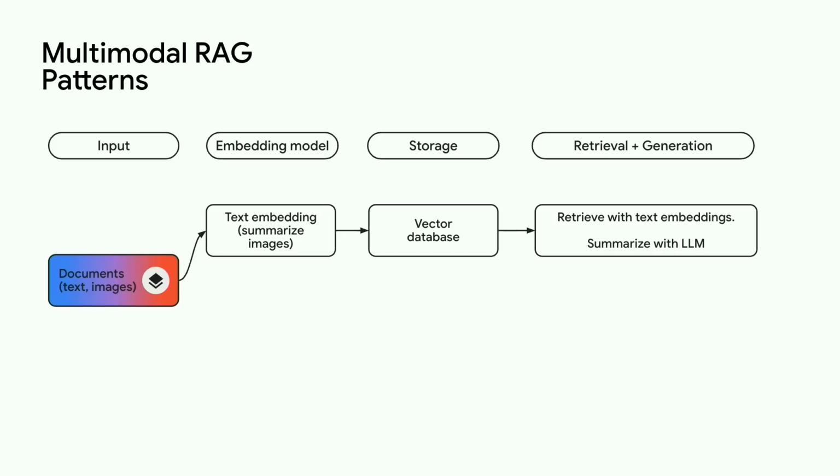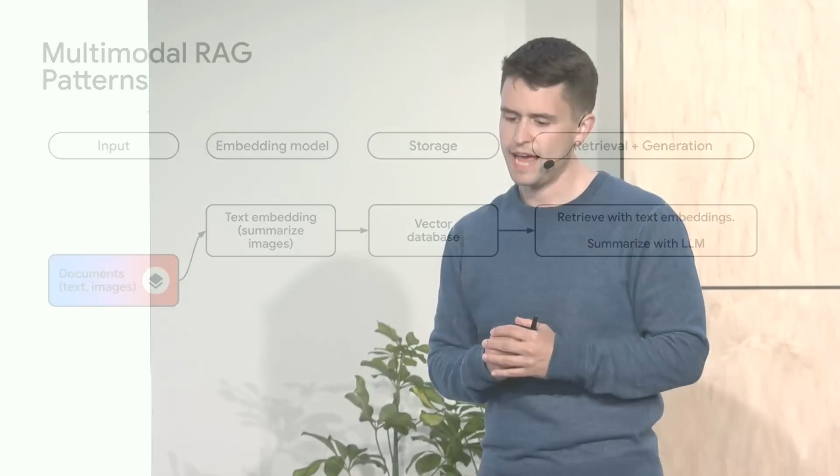These summaries are then turned into embeddings and stored in a vector database. And then when a user goes to ask a question, retrieval takes place by comparing the input query to the text embeddings in our vector database, including summaries of things like your code or your images. And the output then could include not only those summaries, but also the raw images or code itself.